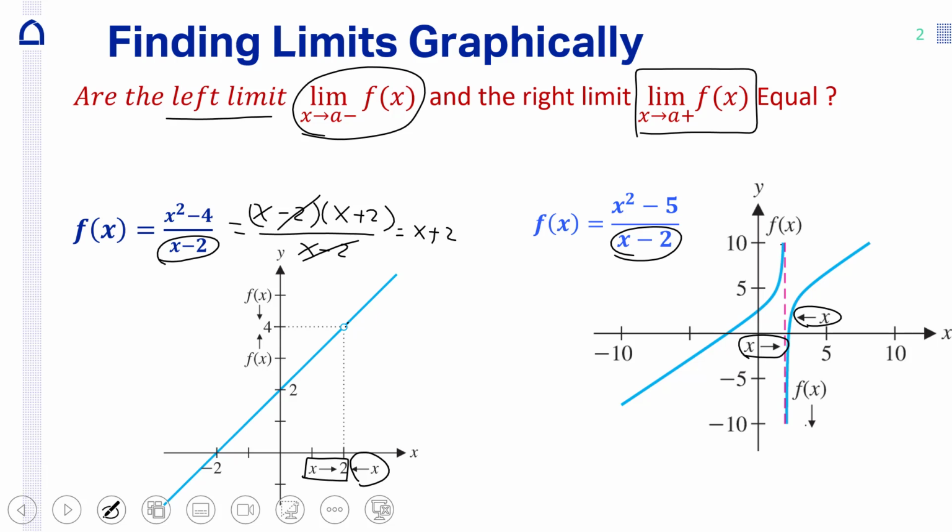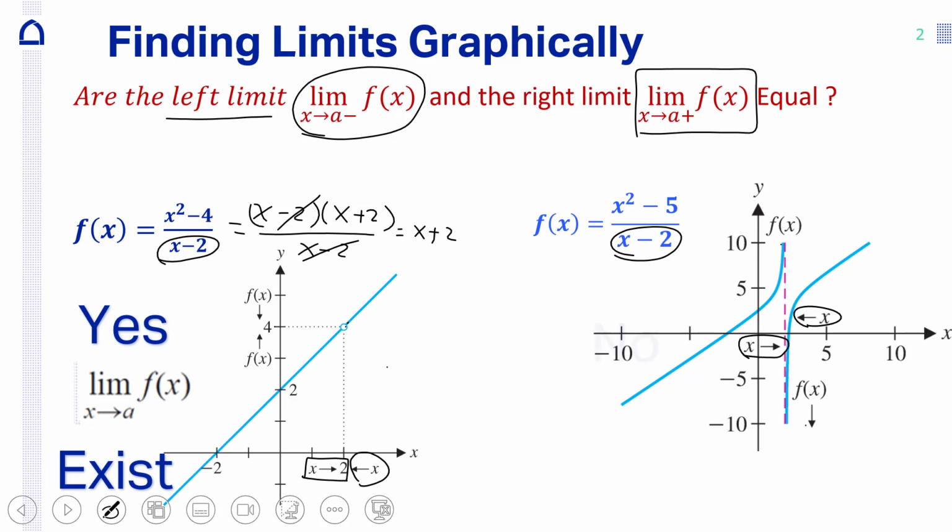Okay. The question here, are they equal? In the previous case, yes, they are equal. So there is a limit at x equal to 2. So the limit exists. Here, the right limit is not equal to the left limit, because the right one goes up to negative infinity and the left one goes up to positive infinity.